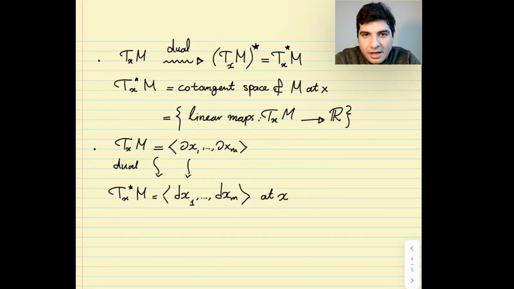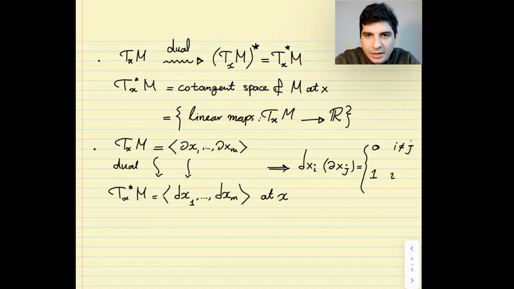So each dxi is a linear map. How do we define it? It's a linear map, so I should only define the value of dxi on the elements of the basis of Tx M. So I should say what is dxi of partial xj. Dual means I define it to be 0 if i is not equal to j and 1 if i equals j. This is the definition of dxi for us.